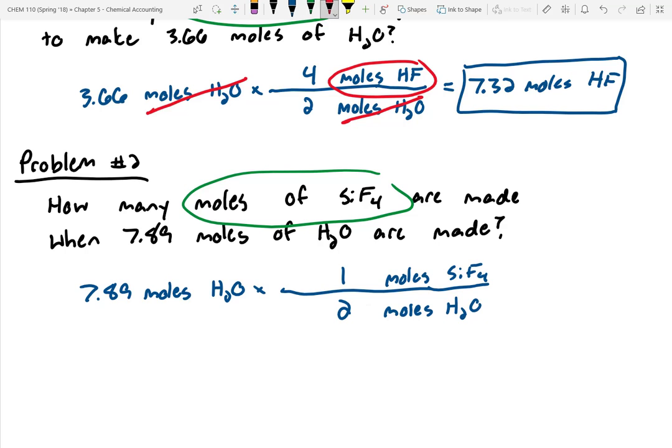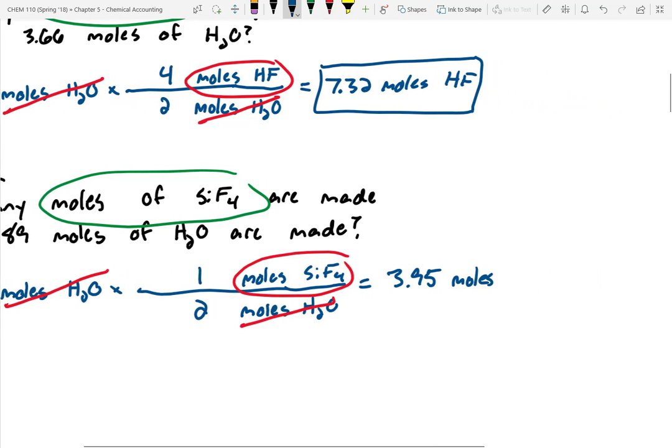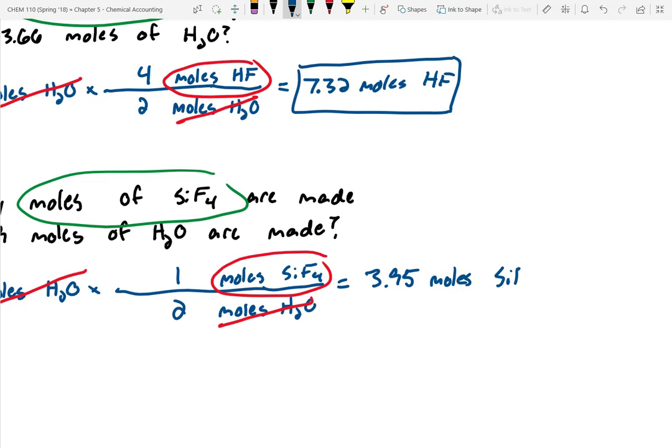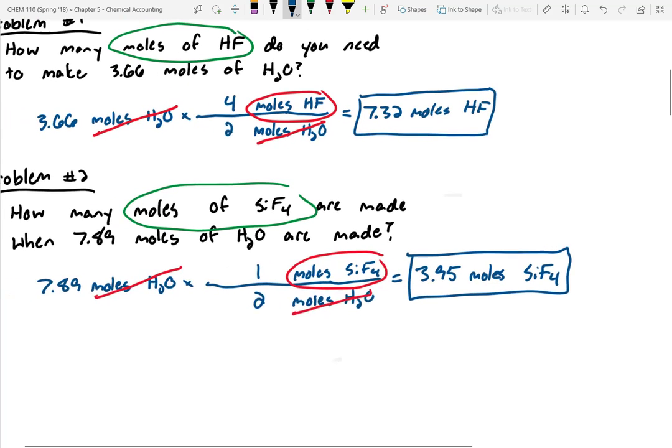So now, just like before, we can cancel out moles of water, and we're left with the moles of silicon tetrafluoride. So this time it's essentially like dividing by 2. So I'm getting 3.95 moles of silicon tetrafluoride. Does that make sense?